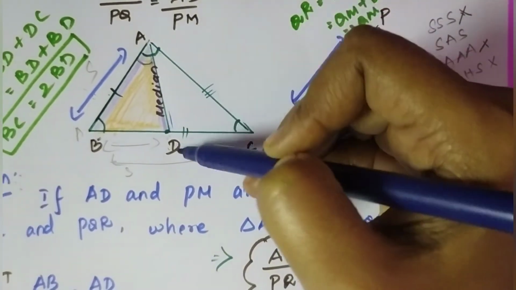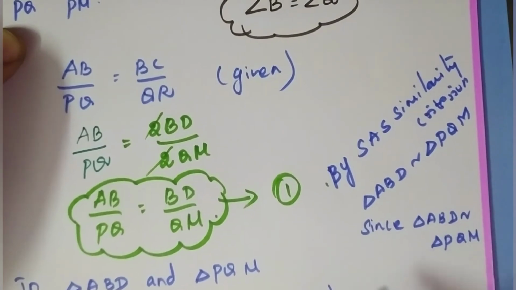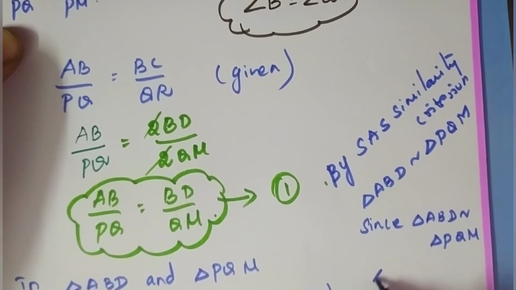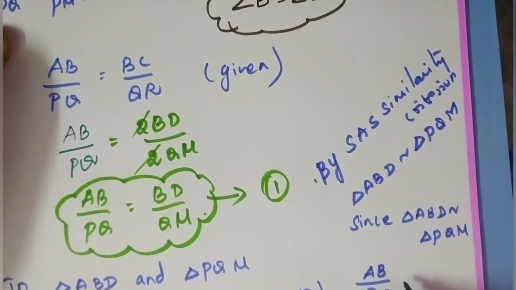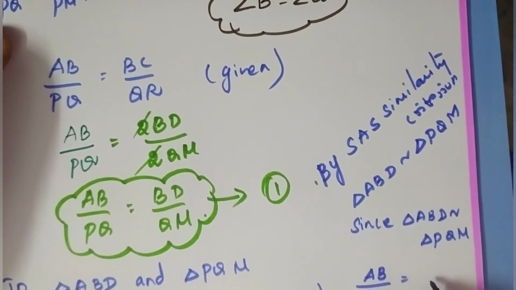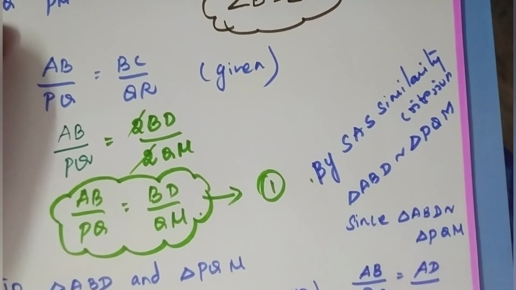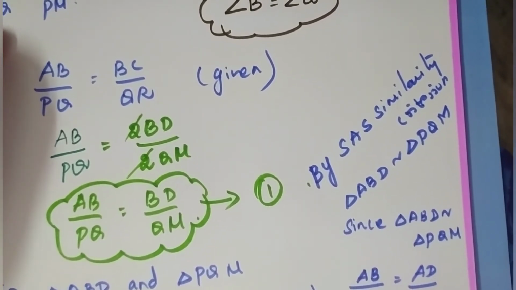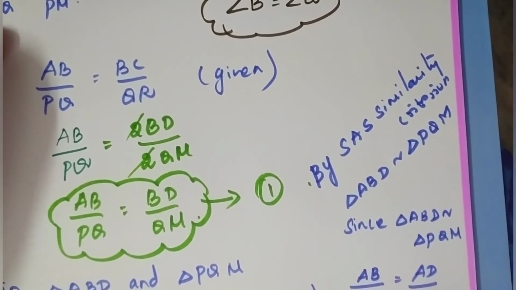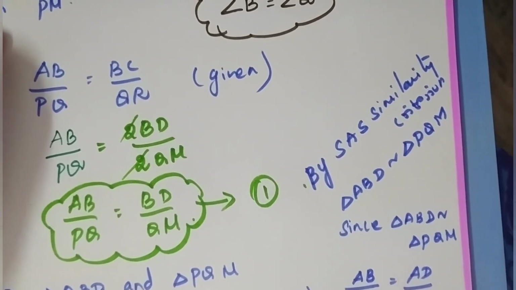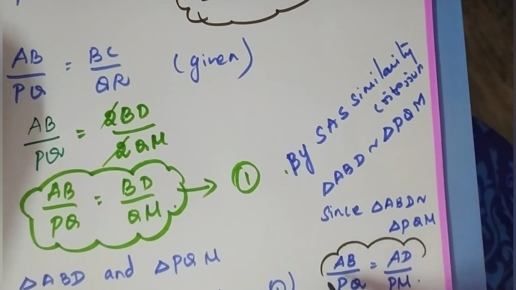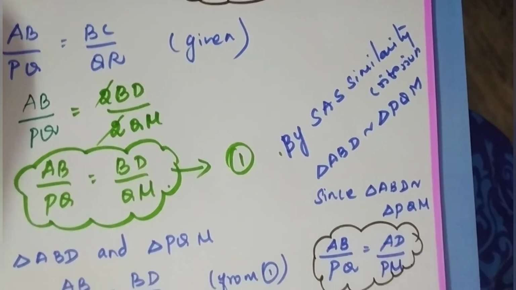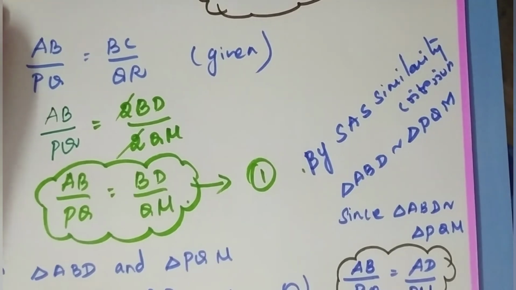This side AD and PM are also in proportion, that is, AB divided by PQ is equal to BD divided by PM. This only we have to prove. AB divided by PQ and BD divided by PM.